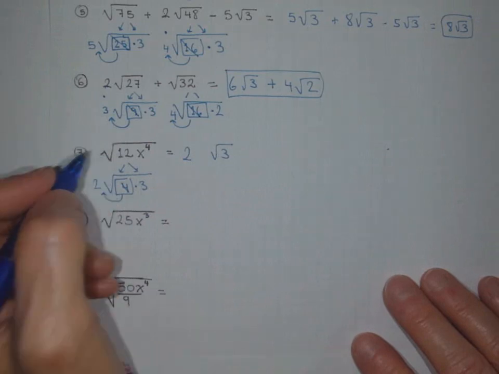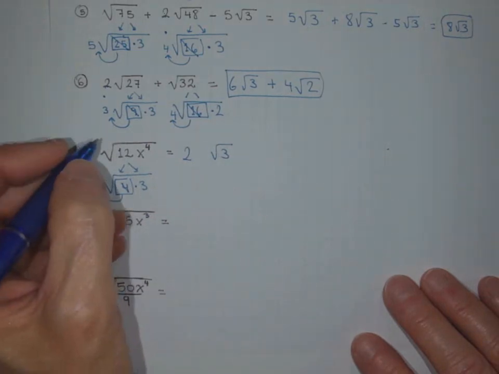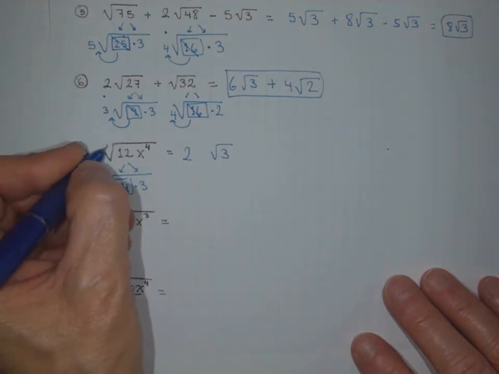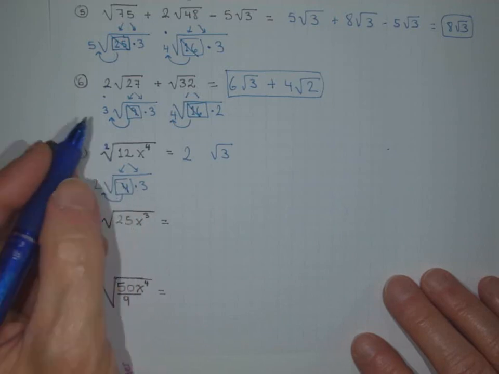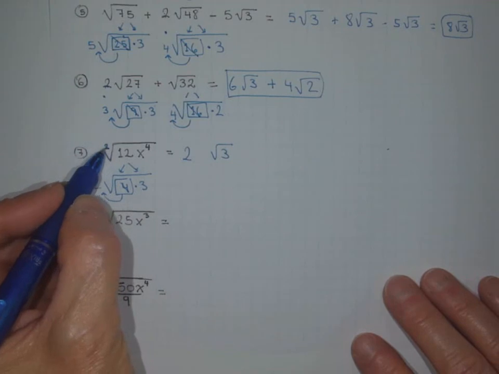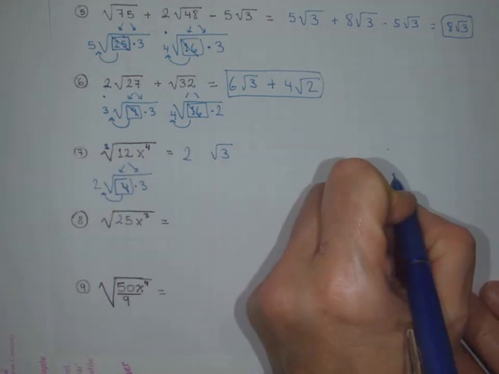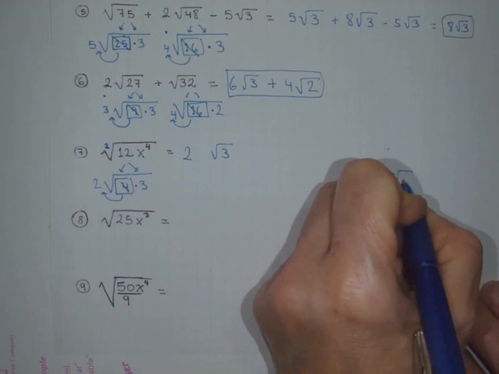So remember we said earlier that a square root undoes something that has been squared, right? Those two are inverse operations of each other. We usually don't write the little 2 when it's a square root. We will just write it down if we have a cube root, for example.